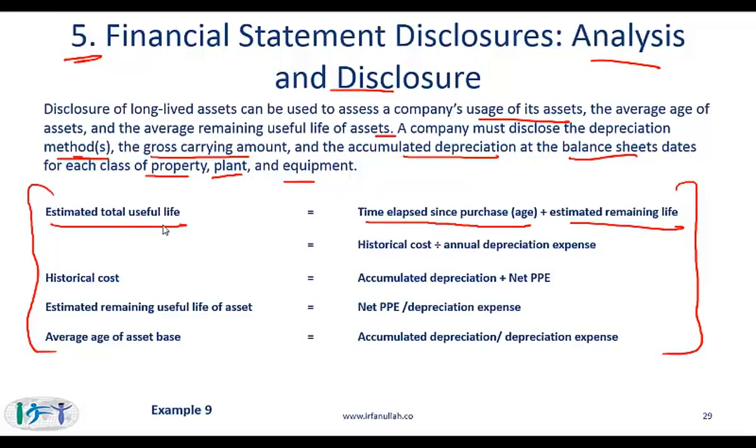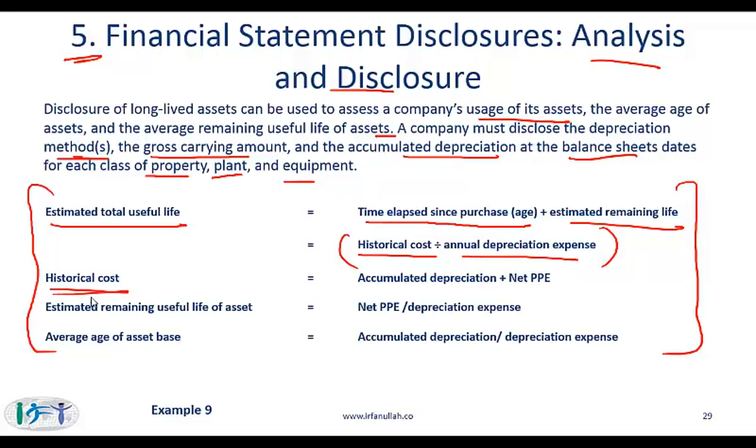The estimated useful life can also be calculated by taking the historical cost, so that is the overall gross cost, divided by annual depreciation. This is an approximation and it makes a simplistic assumption that the salvage value is 0.